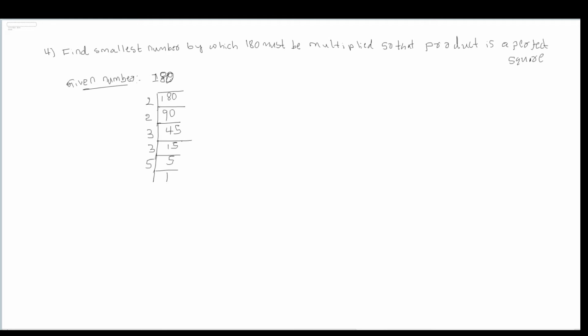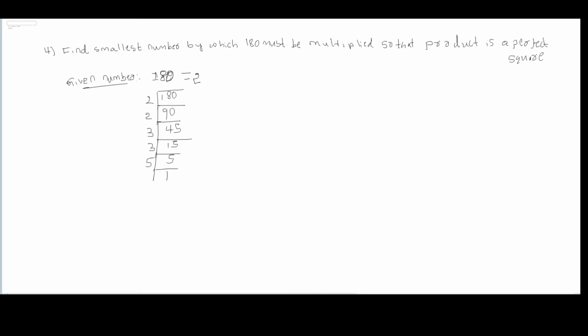Now 180 can be written as 2 into 2 into 3 into 3 into 5. Whether it is a perfect square or not, you can check it.